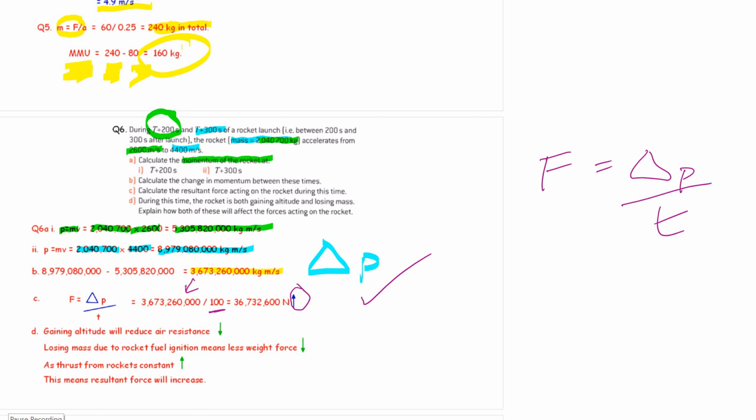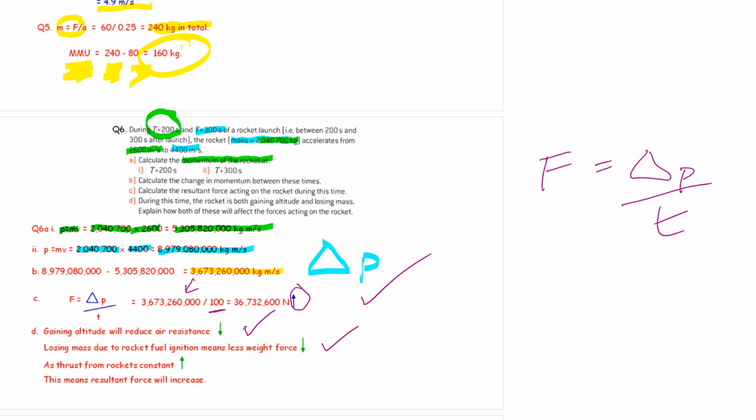Now, question D says, during this time, the rocket is gaining altitude and losing mass. Explain how both of these affect the forces acting on the rocket. Well, gaining altitude is going to reduce air resistance because there's less air particles further up. It's also losing mass due to rocket fuel ignition, so there's less weight force.